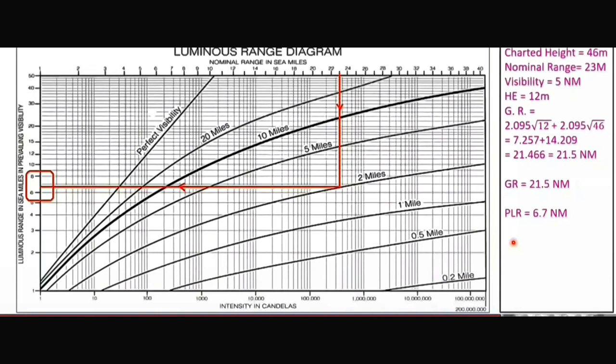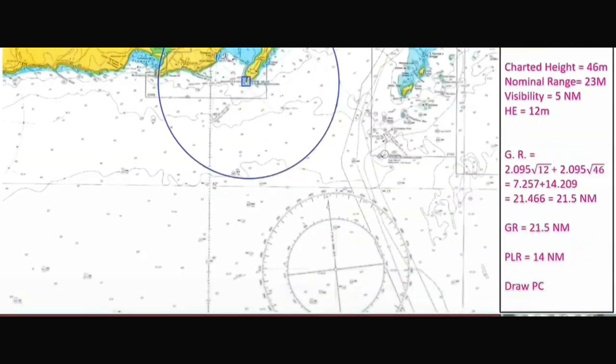So now we can draw a position circle with Hookhead light as the center and 6.7 nautical miles as the radius. And you can see this position circle on the chart. This is the position circle we get. Now, as far as exams are concerned, sometimes they use the words first sighting, last sighting.